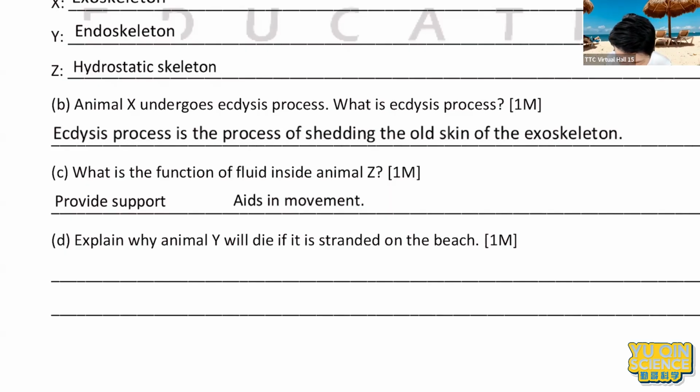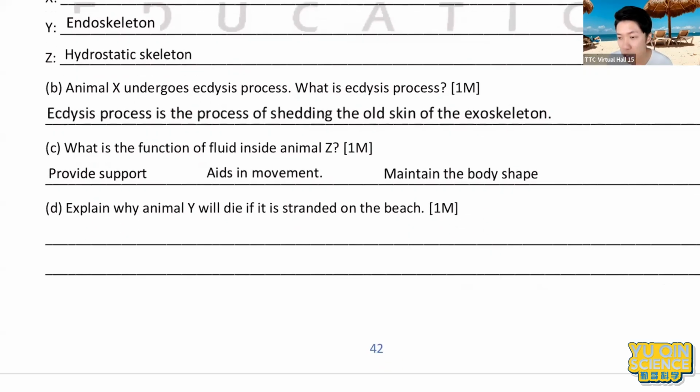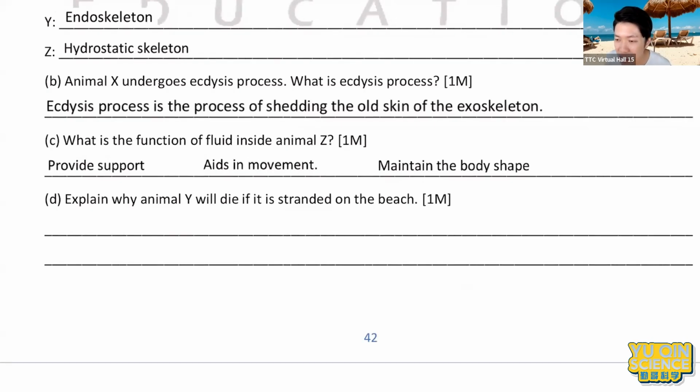Those are the functions, by the way. You can look at your notes, my notes, or whatever material that you have. Buoyancy, hiya. Buoyancy is for aquatic endoskeleton, my friend.